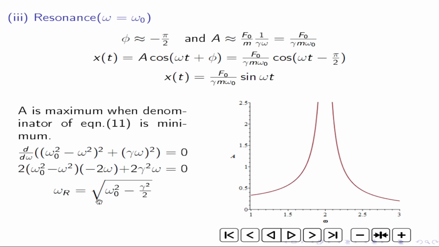From that, omega is equal to square root of omega 0 square minus gamma square by 2. This frequency is known as omega r or resonance frequency. At resonance, the maximum value of A is f0 by gamma m into square root of omega 0 square minus (gamma by 2) whole square, obtained by substituting the value of omega r in equation 11.